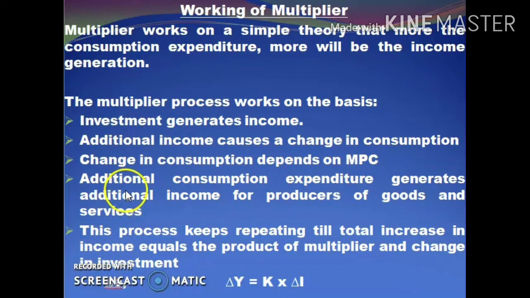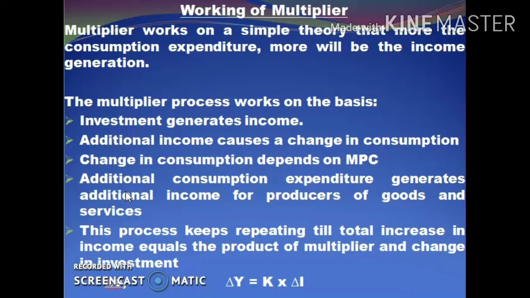You know that the increment in consumption is related to the increment in income. So additional consumption expenditure generates additional income for the producers of goods and services, which means it generates national income.